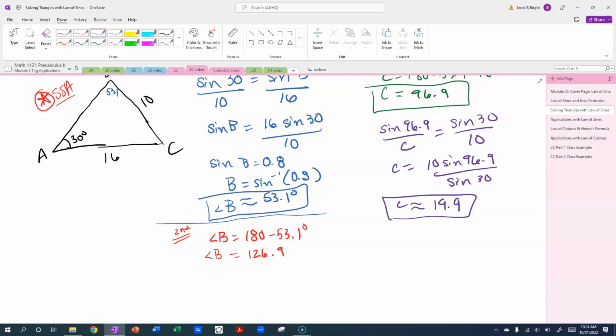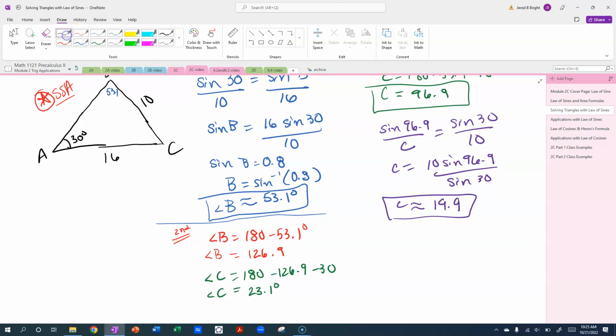Okay, so if you find B and then you look at angle C, I want to do this in green, angle C, and you say, okay, take 180 minus 126.9 minus 30, and you get something that could actually happen, then that means you could have a triangle. So 180 minus the 126.9 minus 30 just gives you 23.1 degrees.